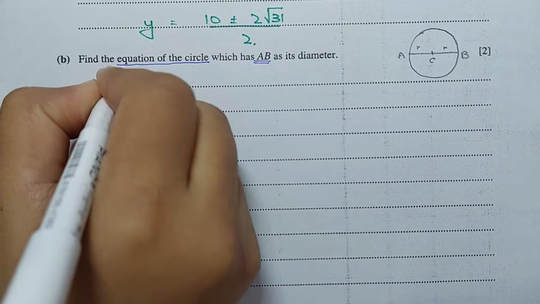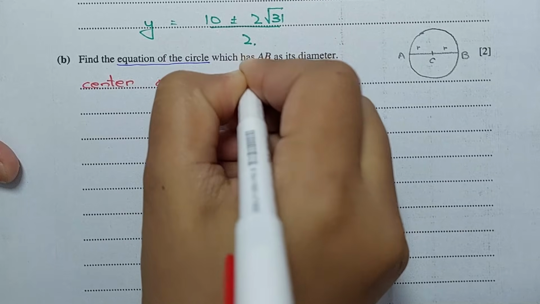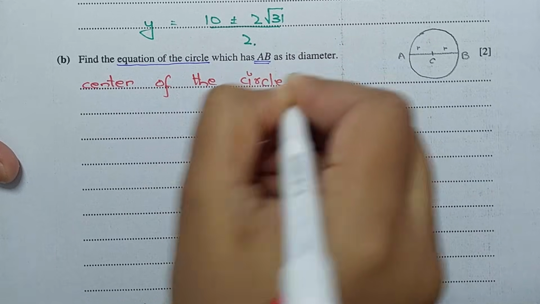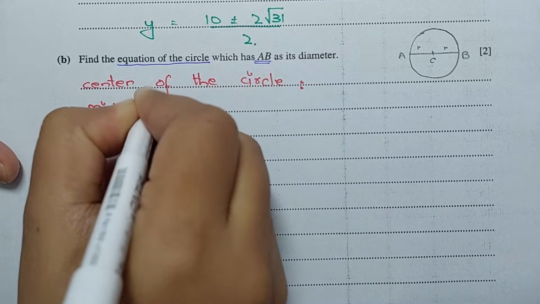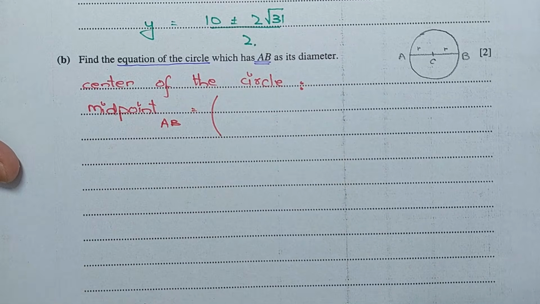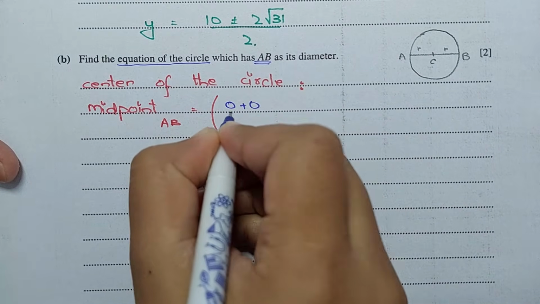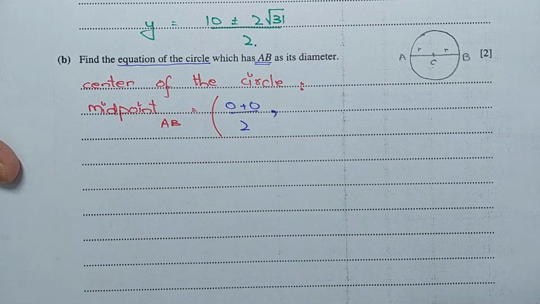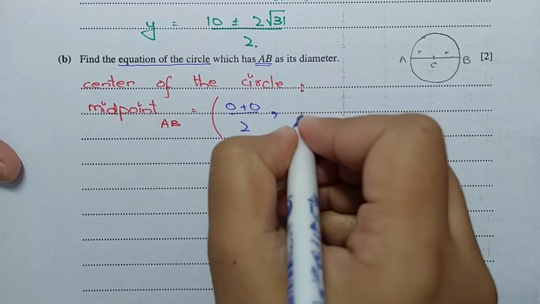So for the center of the circle, we need to figure out the midpoint of AB. For the midpoint of AB, add up the x components and divide by 2, right? The x components of A and B are both 0, divided by 2. And for the midpoint y coordinate, add the y coordinates and divide by 2.